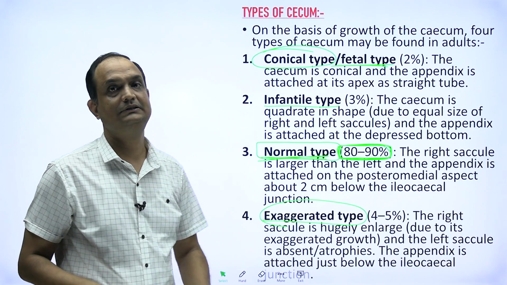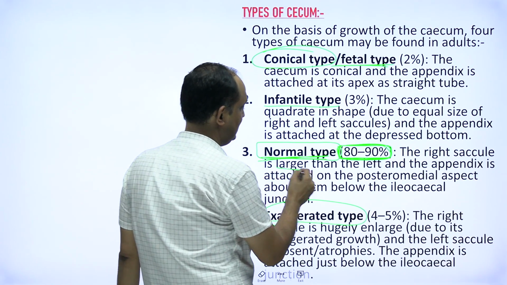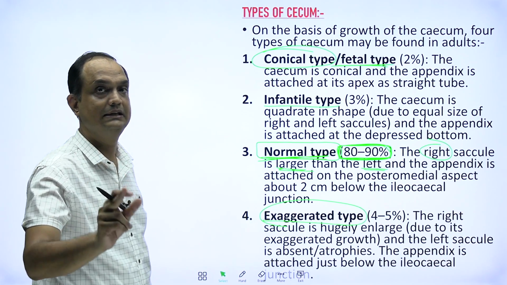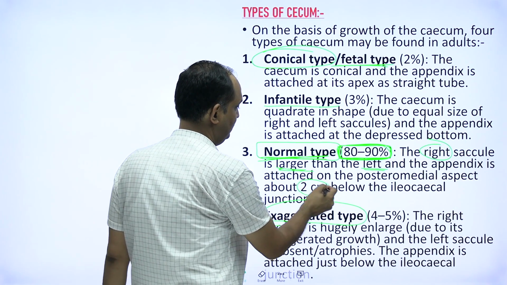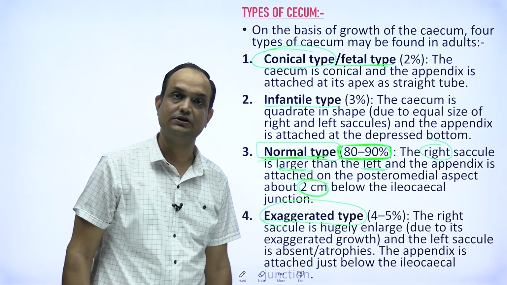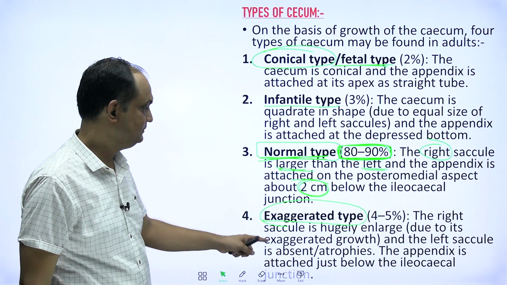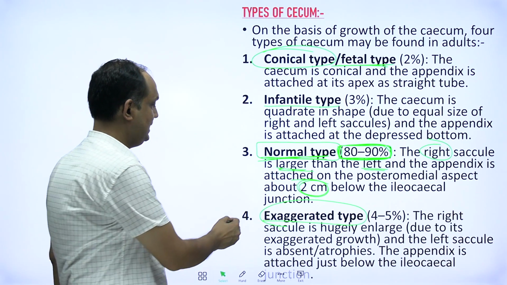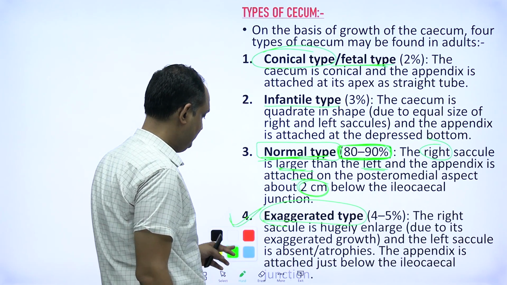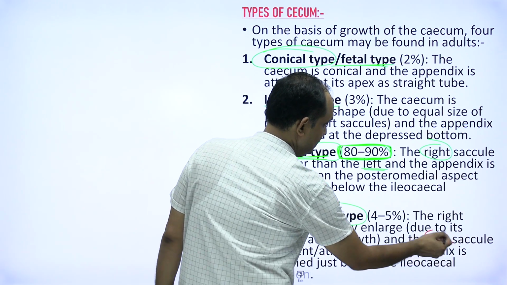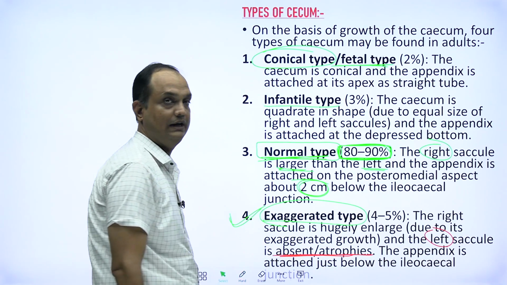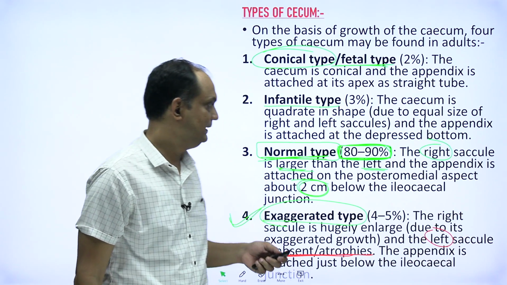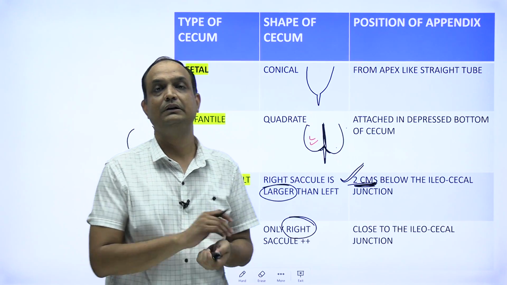In this type, the right saccule is larger as compared to the left, but the important thing is the appendix is 2 centimeter below the ileocecal junction. But if the appendix comes in very near proximity of the ileocecal junction, that means it is an exaggerated variety where the left saccule is almost absent or atrophied.